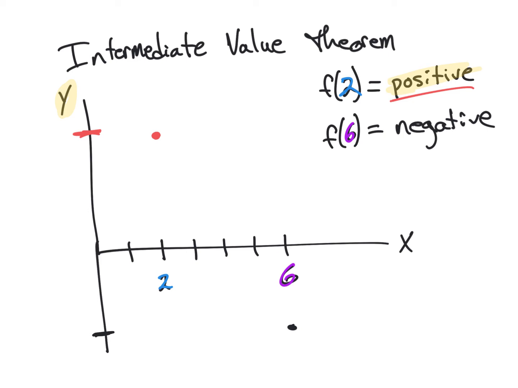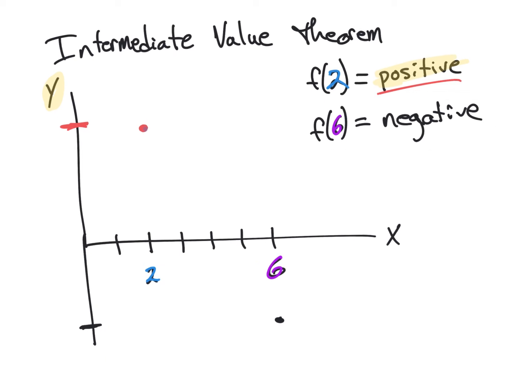Specifically for this class, when we're looking at these functions, they have to pass the vertical line test. So it's going to look something like this, maybe something like this, maybe something like this, right? But that's passing the vertical line test.